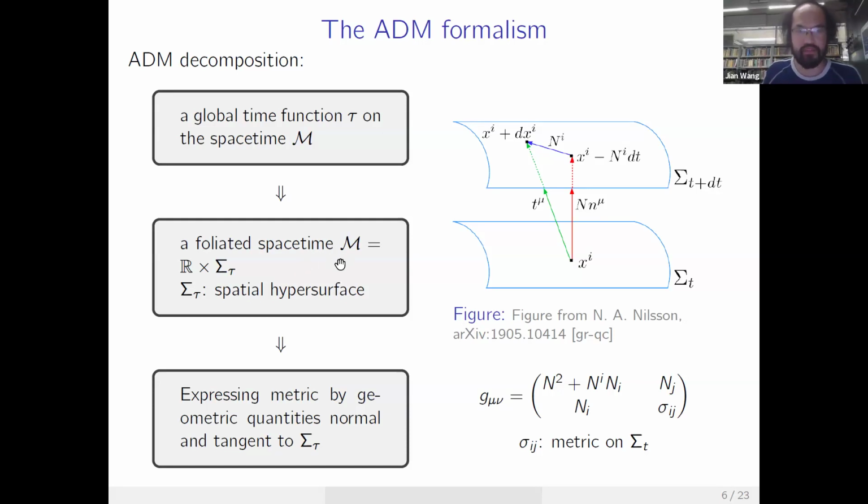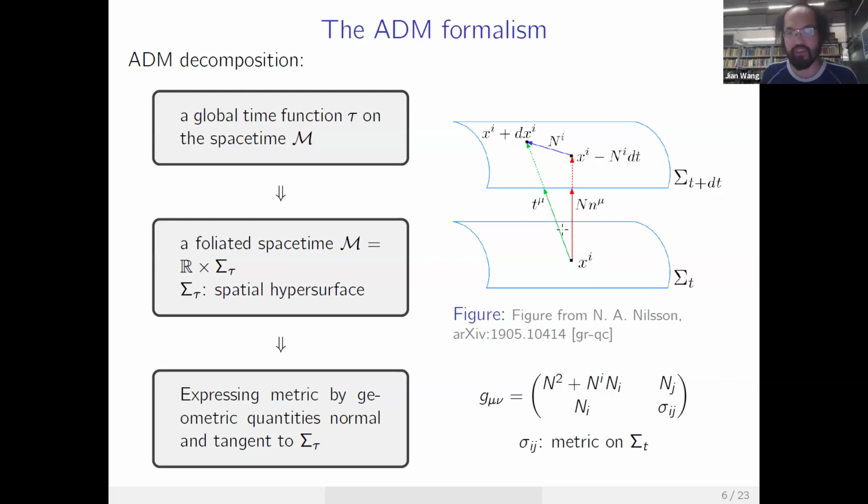Then the spacetime is foliated into a family of spatial hypersurfaces. After we have the foliation structure, we can express the metric in terms of geometric quantities, which are normal and tangent to the spatial hypersurface. Here I give a simple example of a vector field.